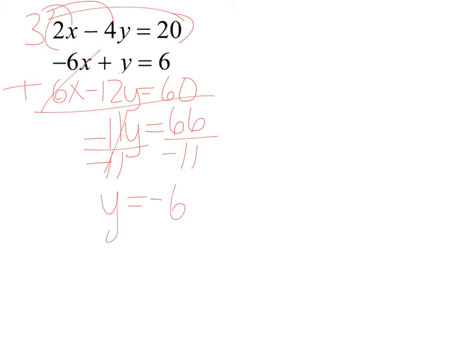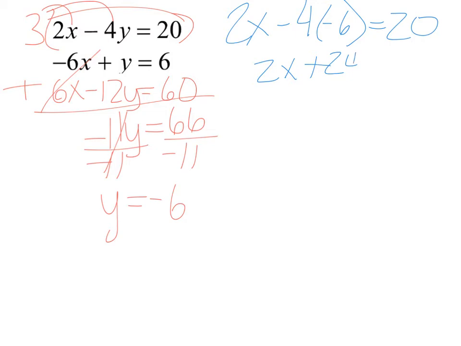And then to find x, I take that number and I plug it into either one of my equations. So I am going to plug it into my first equation. So 2x minus 4 times negative 6 equals 20. So 2x plus 24 equals 20.